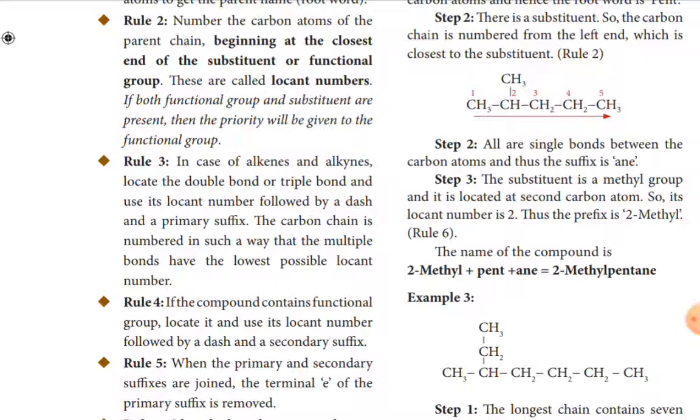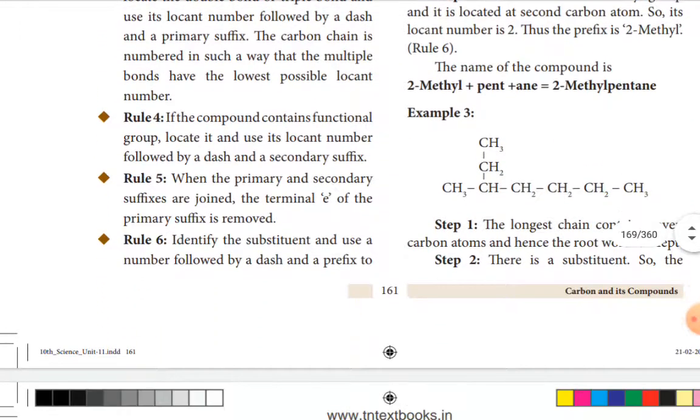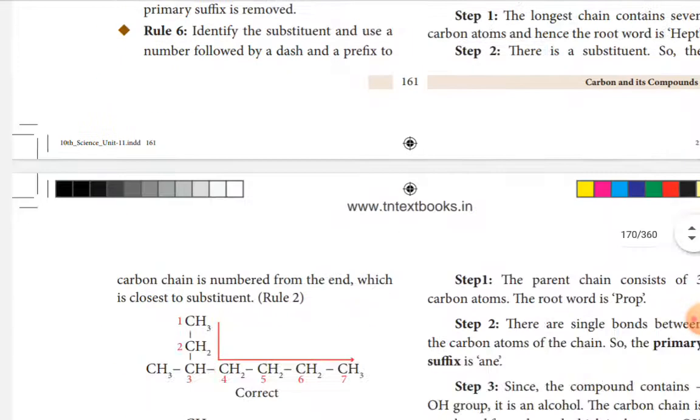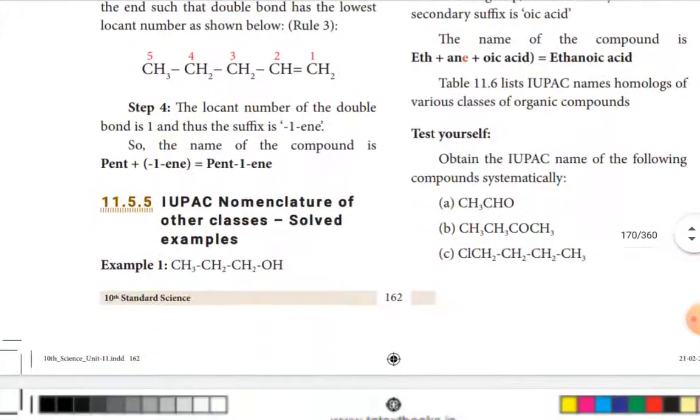Then if the compound has a functional group, we put a dash at the secondary suffix, and the primary and secondary suffixes are joined with the terminal E removed. Then you identify the substituent. These are the 6 rules to be followed to write the IUPAC name.